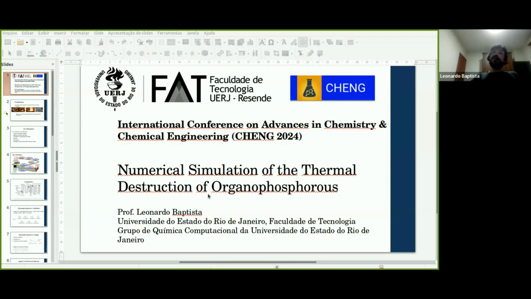Now we are trying to reduce some kinetic models to employ in CFD, computational fluid dynamics, calculations. So we have a large group investigating new fields in this entire road. We don't have any collaboration with experimentalists, so it will be a good thing in the future to have collaboration with experimentalists.